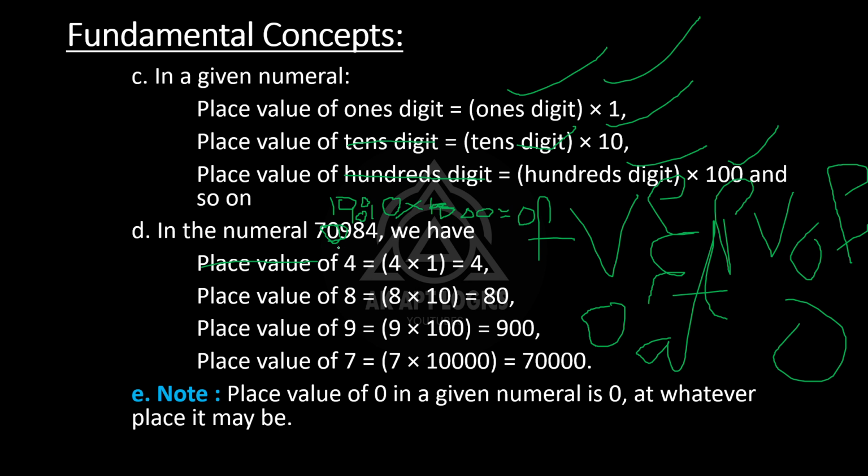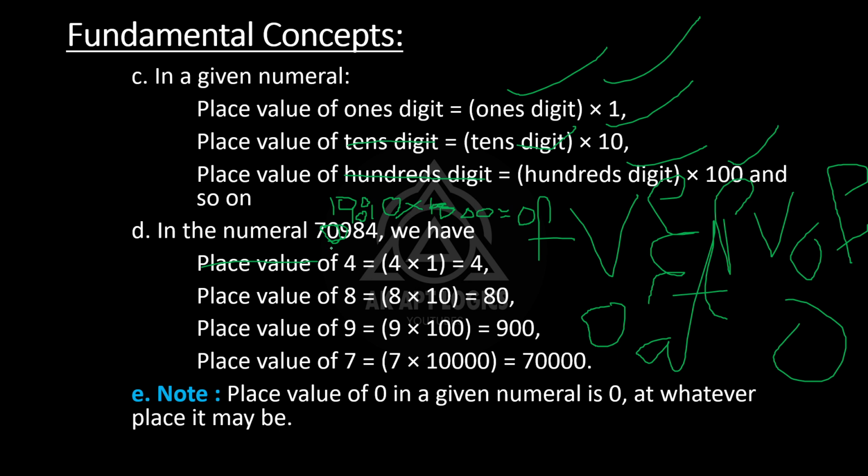The face value of a digit in a number is always the digit itself, so don't get confused. It's a very basic topic. It means the face value of 0 in 70,984 is always 0, which we have already seen in the previous slide.